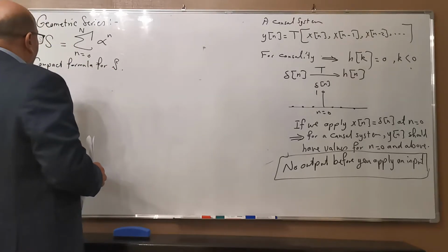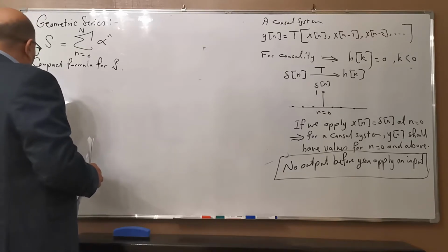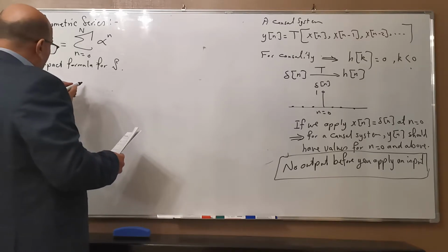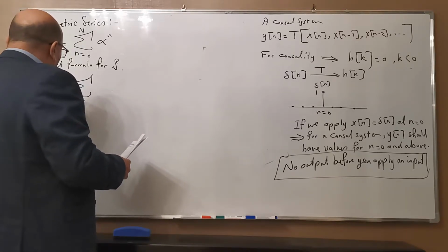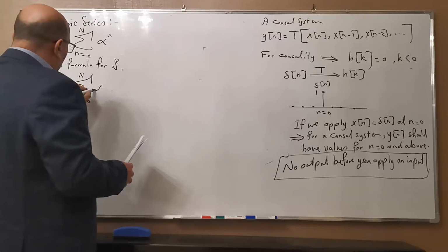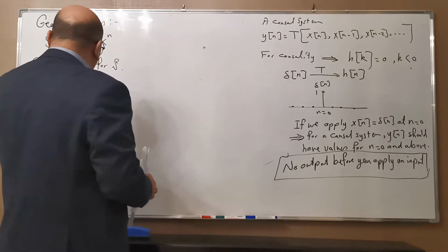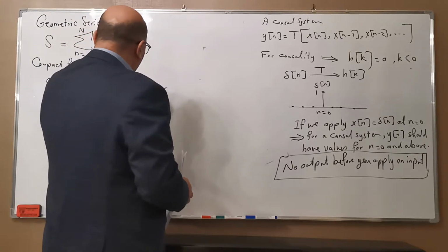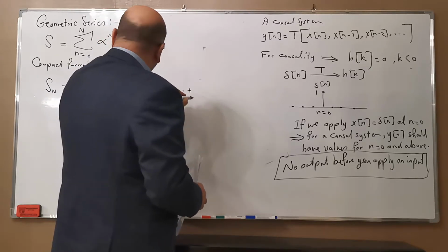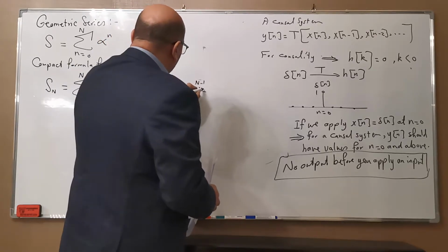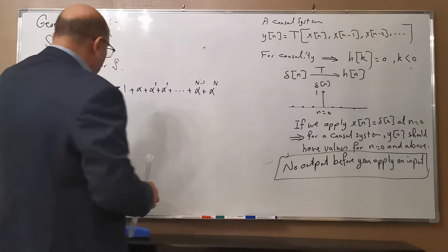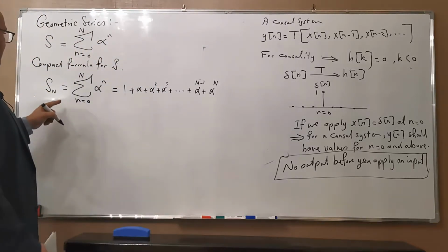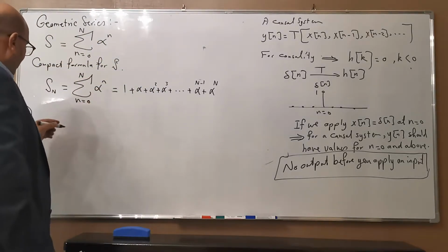Now, I'm gonna take S sub n, which is equal to the summation from n equals 0 up to n of alpha to the n, and this is equal to 1 plus alpha plus alpha squared plus alpha cubed, up to alpha to the power n minus 1 plus alpha to the power n. Okay, so this is the summation of the geometric series for alpha to the n.